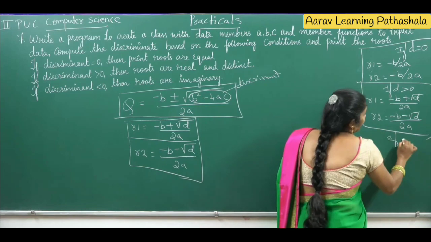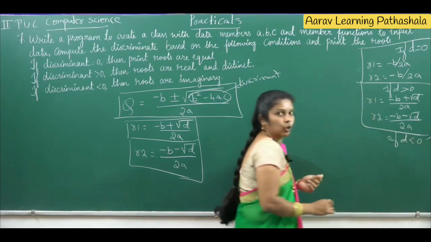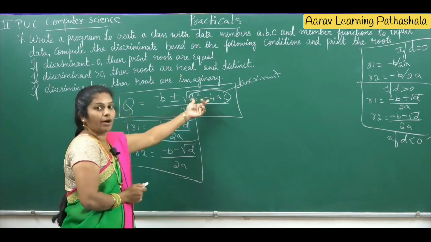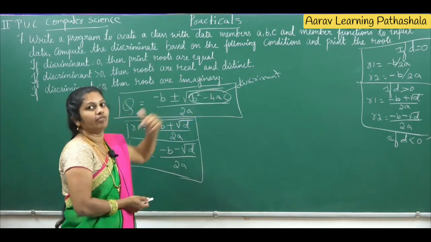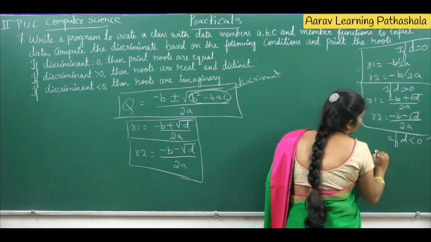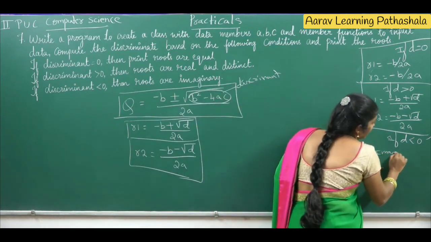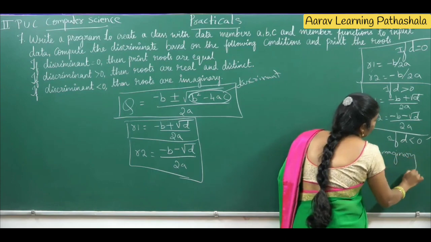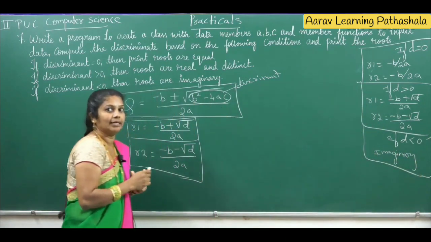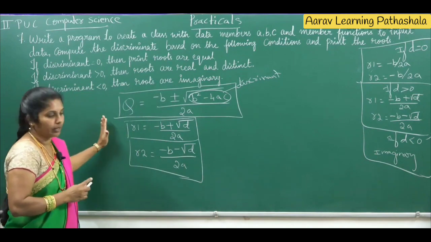If the discriminant is less than 0, if it is a negative value, then the square root of a negative value will once again give imaginary values. That is why in this case it has to be displayed that the roots are imaginary. This is the agenda of the program.